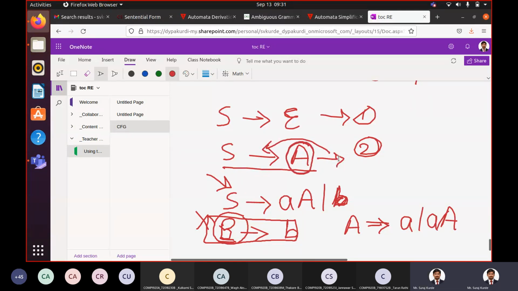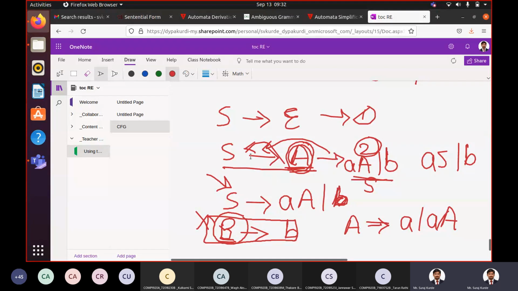Remove this A, and whatever productions we have, let's say A, or let me write B. So S produces A and B. Now instead of A, here you can write S. A S or B. We are shifting these productions of A to the left hand side of the production rule, whatever the non-terminal is on the left hand side.